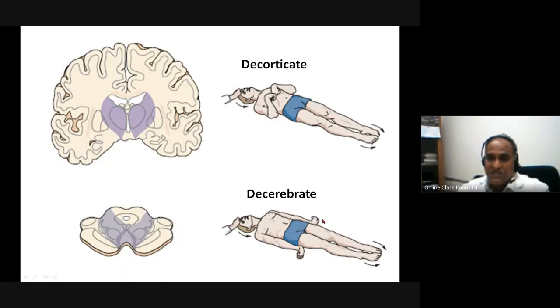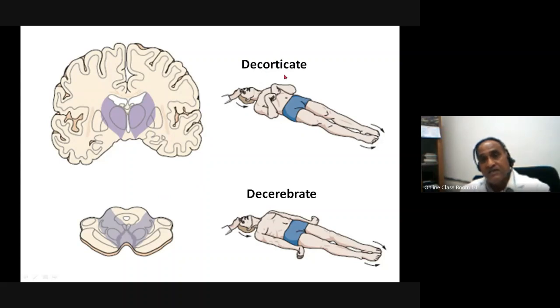You have the hyperextension of both the limbs, dorsiflexion, opisthotonus position, increased muscle spasticity or rigidity, and that means because of the gamma motor neuron activity, there is increased muscle tone. This is the decerebrate, and this is because the red nucleus is not functioning. All other gamma motor neuron activities are uninhibited.